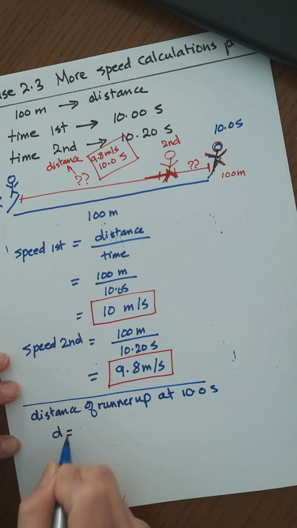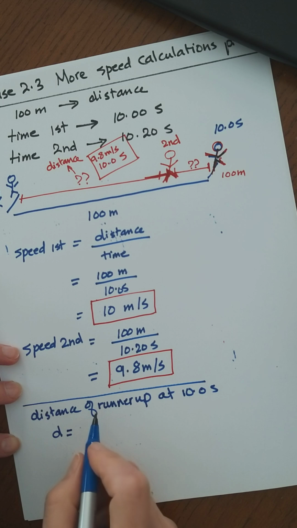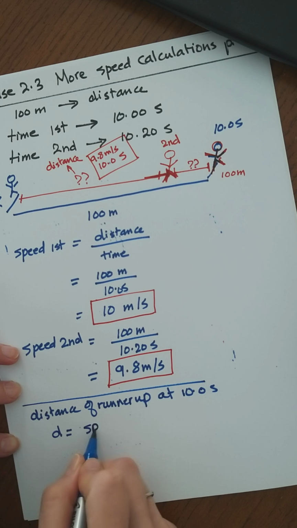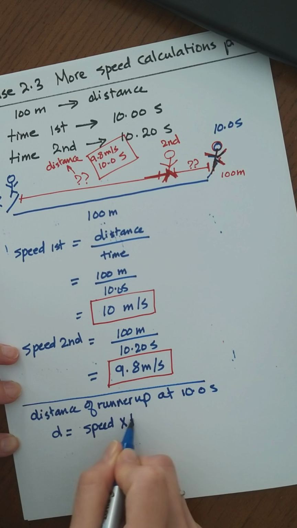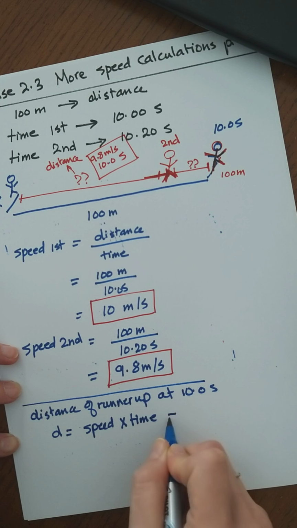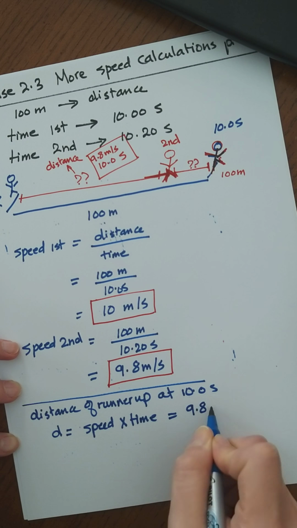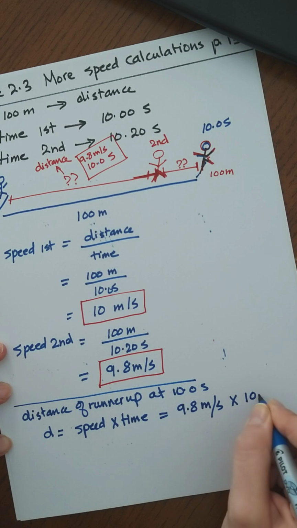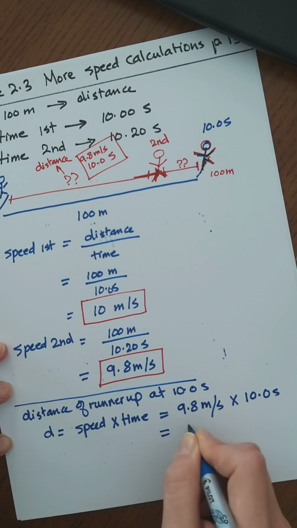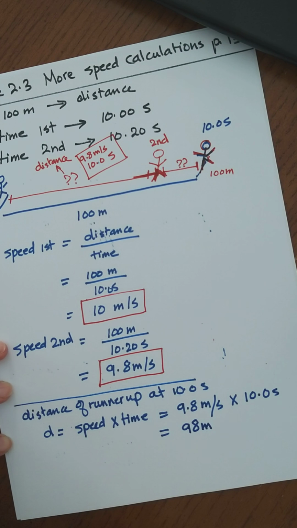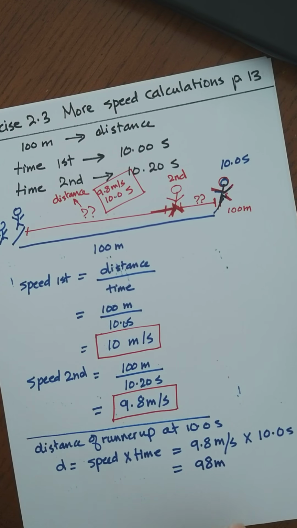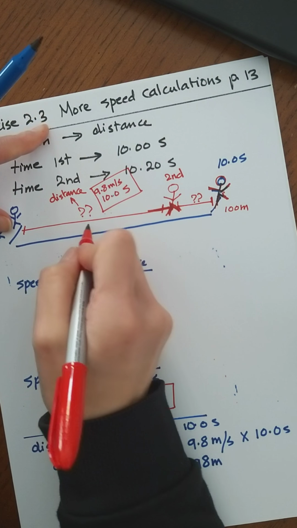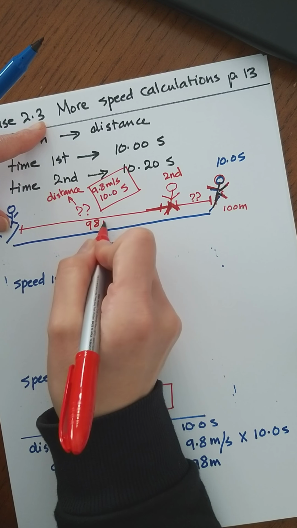Distance equals speed times time. His speed was 9.8 meters per second and the time was 10 seconds. So he was at 98 meters. So this distance here is 98 meters.